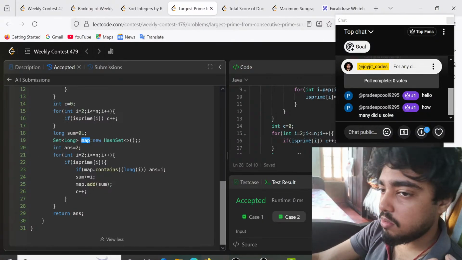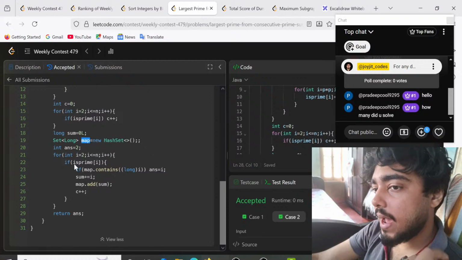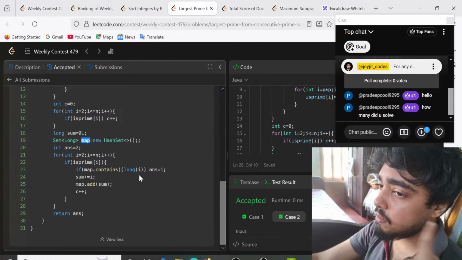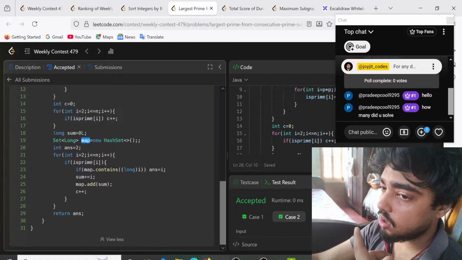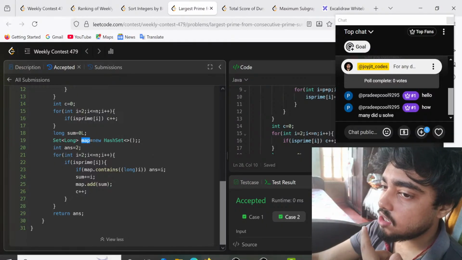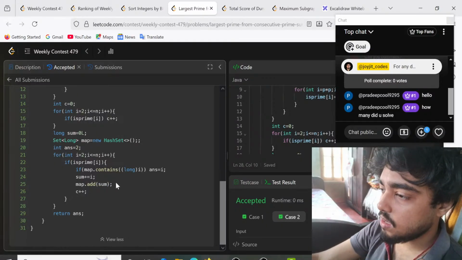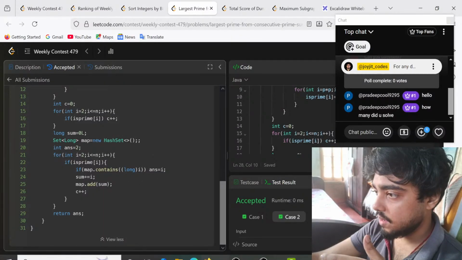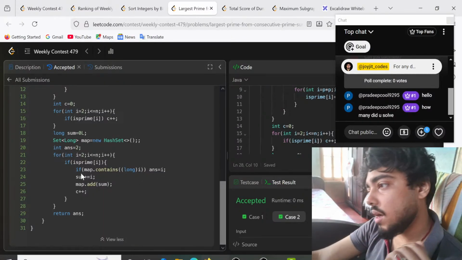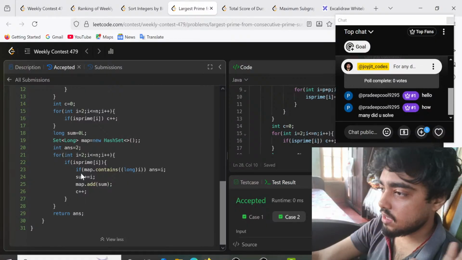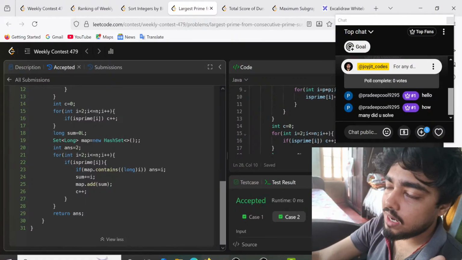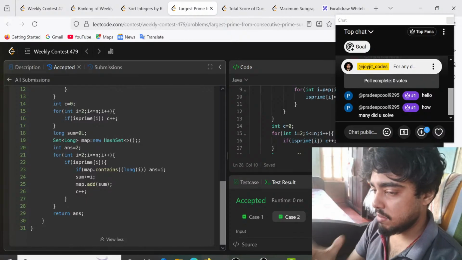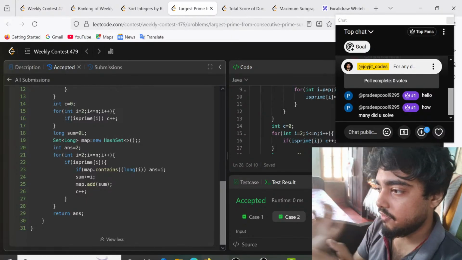Then I'm traversing from 2 to all the numbers, and if I find that any number is prime, then what I can do is check if that number has been there in the map or not. What does the map consist of? It consists of all the possible sums. So if it is there in the map, then answer is equal to i. Otherwise, not an issue, we can continue, and no matter what, sum plus equals i, because sum is the summation of all the prime numbers starting from 2.